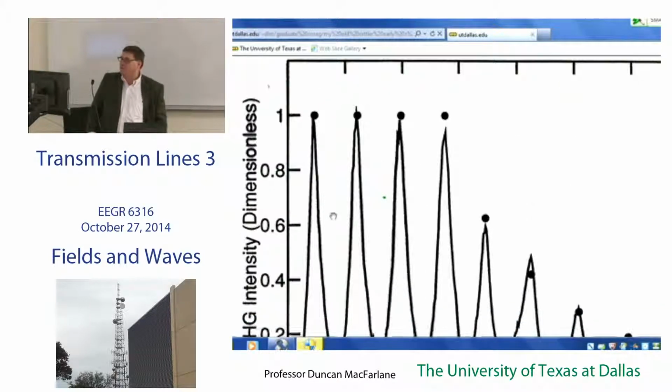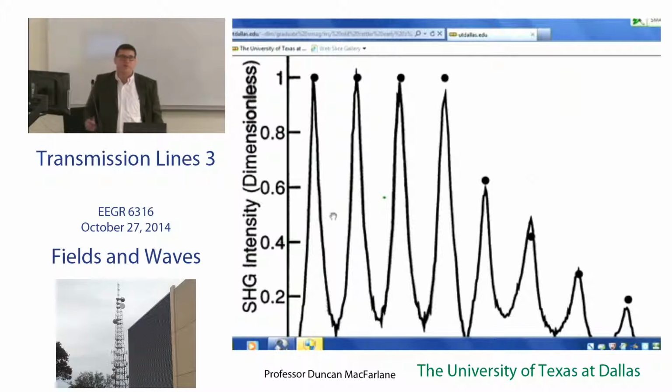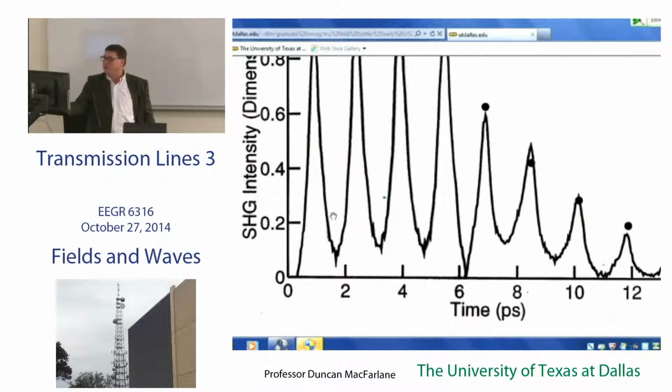So here's some experimental results. This is a set of pulse trains, and it's instructive to look at the timeline here. This is measured in picoseconds, so the distance between pulses is just a little bit under a picosecond. That's so fast that you can't measure it on any oscilloscope. What you have to do is generate a second harmonic, put two of these together, and do a cross correlation between the pulses and look at the nonlinear response in a crystal.